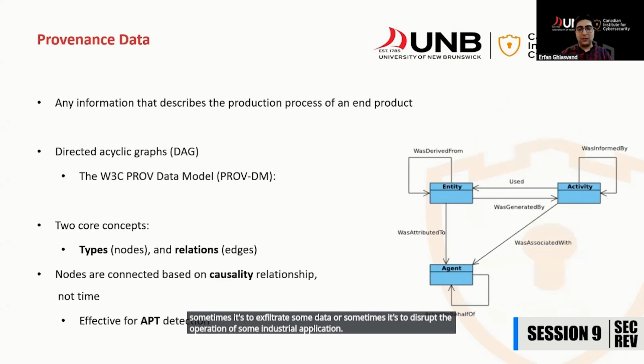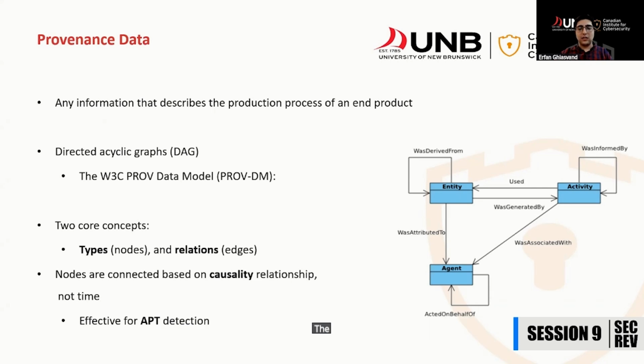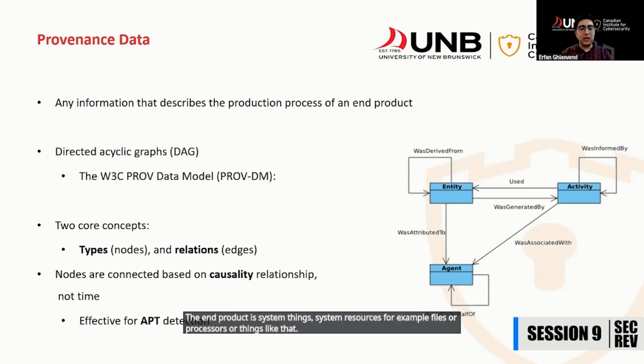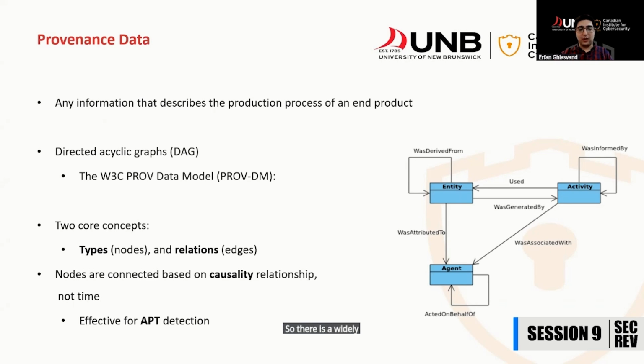Another thing that we should know about before going to the dataset is the provenance data. Provenance means any information or metadata that describes the production process of an end product. That end product can be anything, but here, the end product is system resources, for example, files or processes. There is a widely accepted form to represent provenance data.